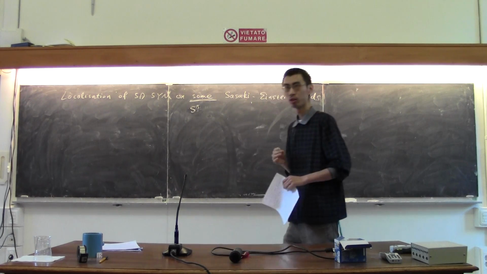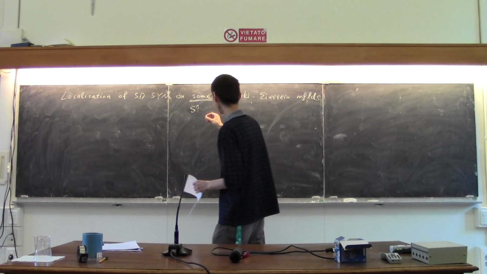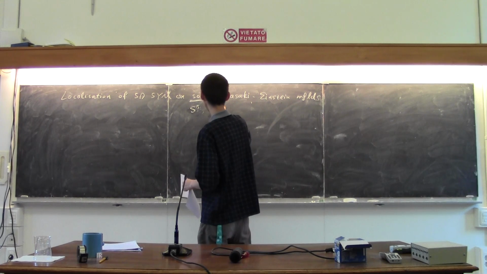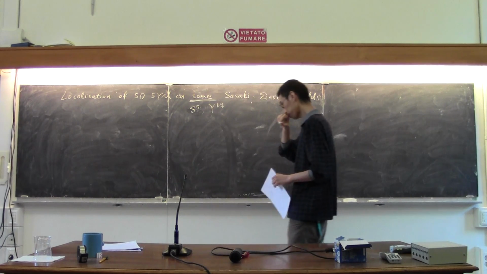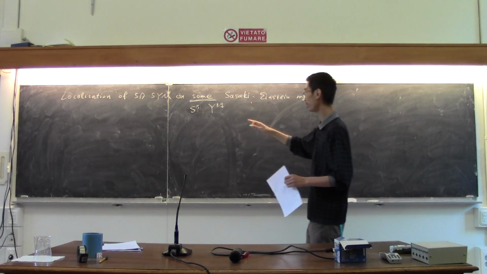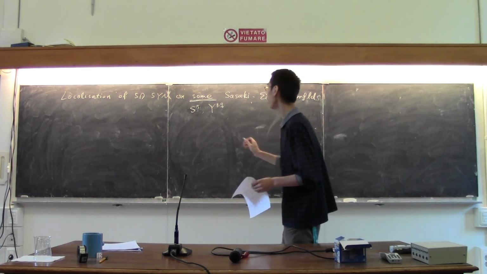But along the way, I'll treat some of the subject with sufficient generality such that in the end, you have enough to also compute a special class of Sasaki-Einstein manifolds, which is called the Y^{p,q} manifold. But this will be my working example.